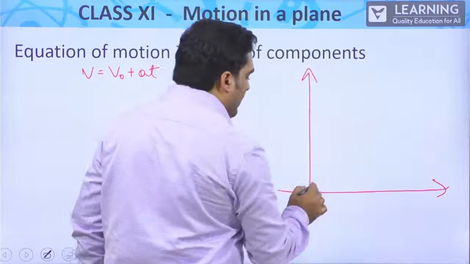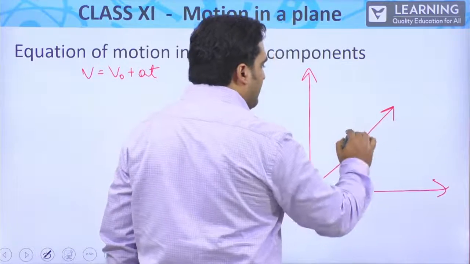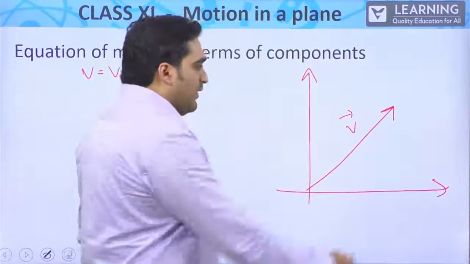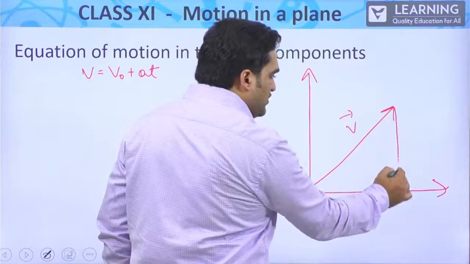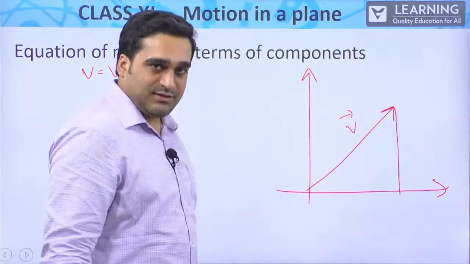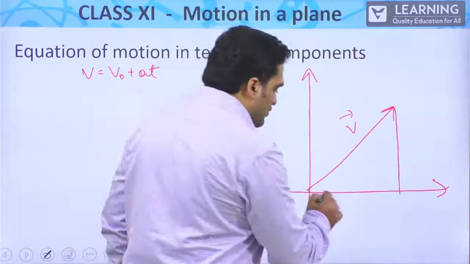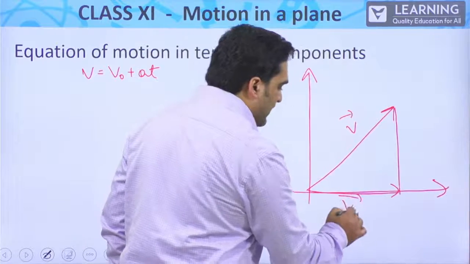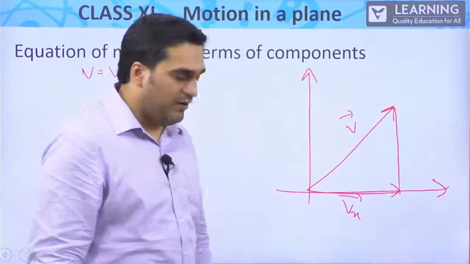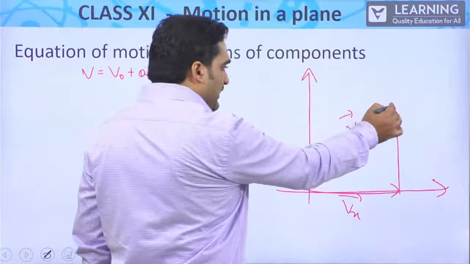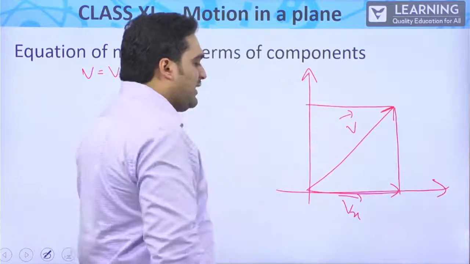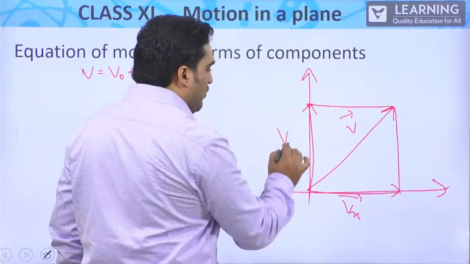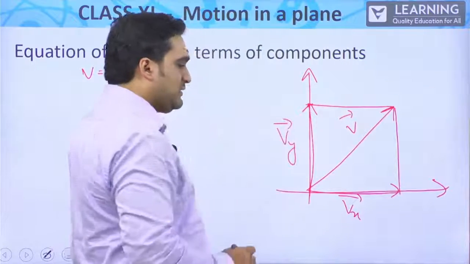If this vector represents the velocity, then constructing a projection along the x-axis, so much of a distance is the x component of the velocity. Similarly, extending a projection along the y-axis, the length of that vector gives me the y component of the velocity.